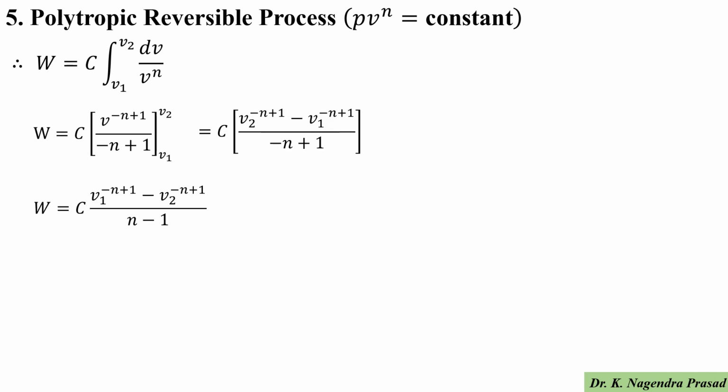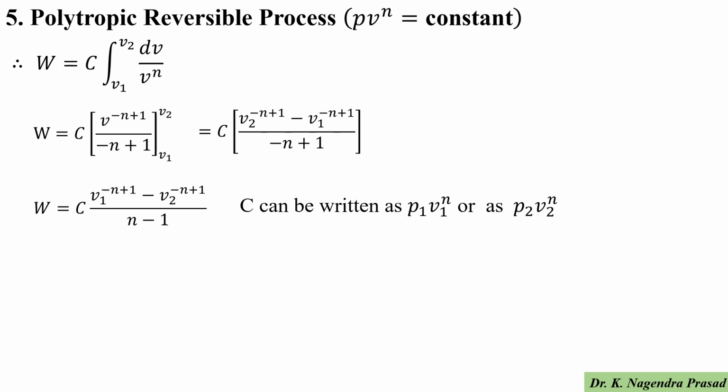Then we will get the work done W equals C into V1 to the power minus n plus 1 minus V2 to the power minus n plus 1, divided by n minus 1. So we know that C is the constant where PV^n equals a constant, and this can be written as P1 V1 to the power n equals P2 V2 to the power n equals the constant.